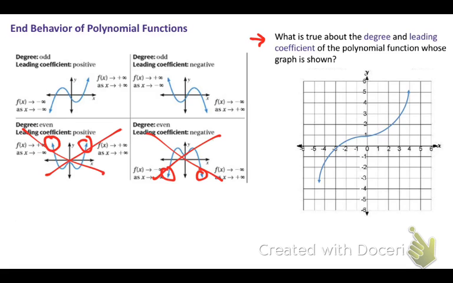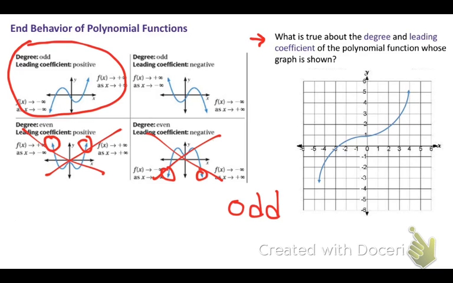It seems to look like this one. So the degree is going to be odd, and the leading coefficient is going to be positive. Of course, we don't know what the actual function is, but we know some characteristics of it.